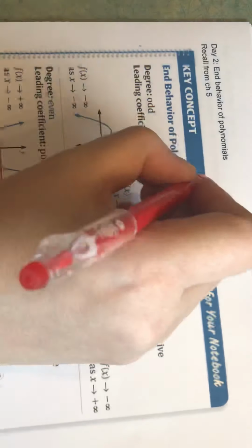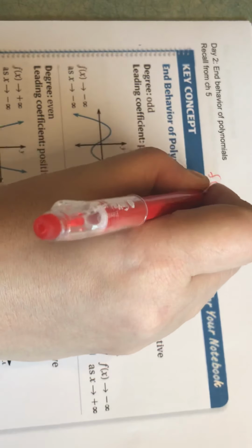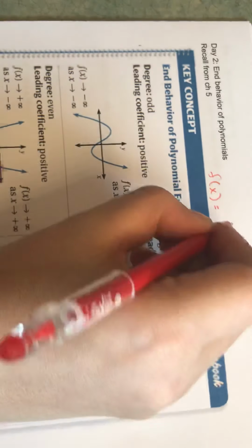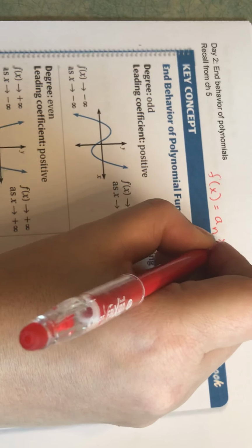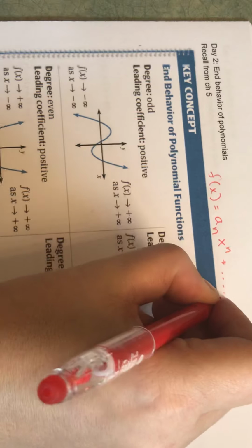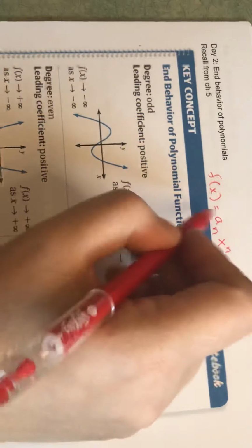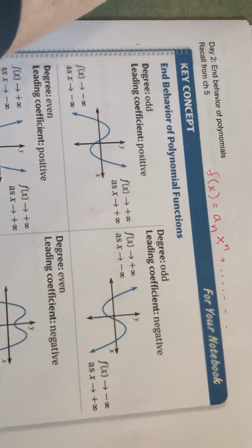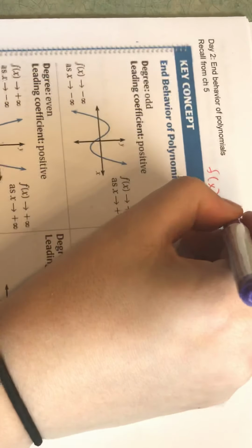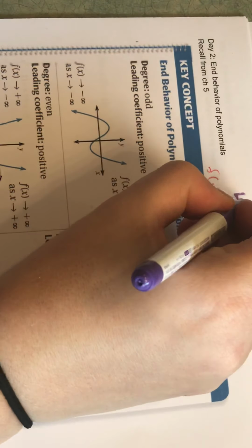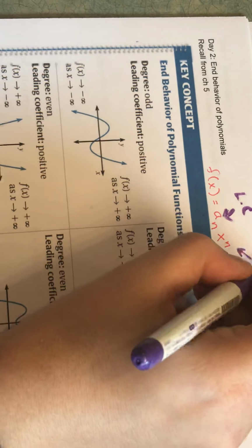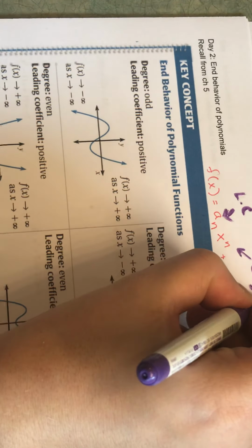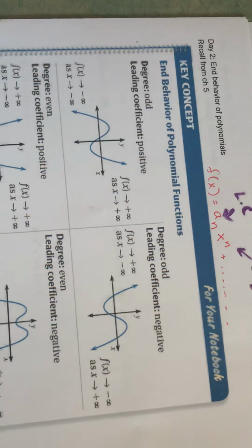So if we have a polynomial f of x equals a sub n x to the n plus all the other terms, we were looking at the first term. This a sub n is the leading coefficient, and n is the degree, the highest exponent.